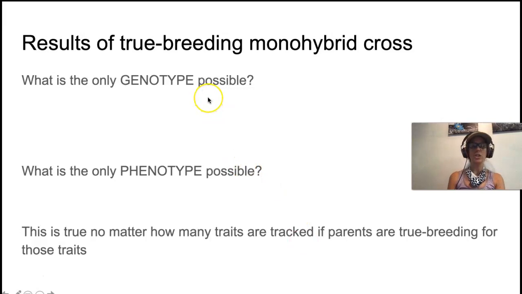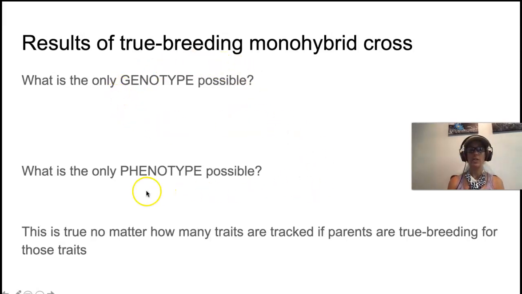So the only genotype possible in a true breeding monohybrid cross, meaning a true breeding homozygous dominant individual mated with a true breeding homozygous recessive individual, will only produce heterozygous offspring.